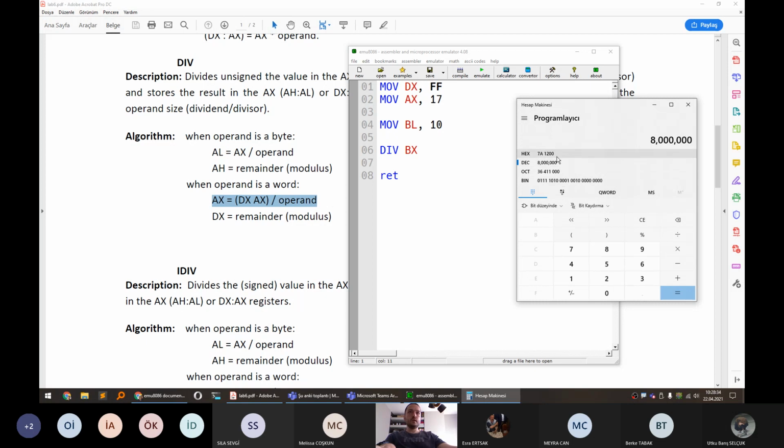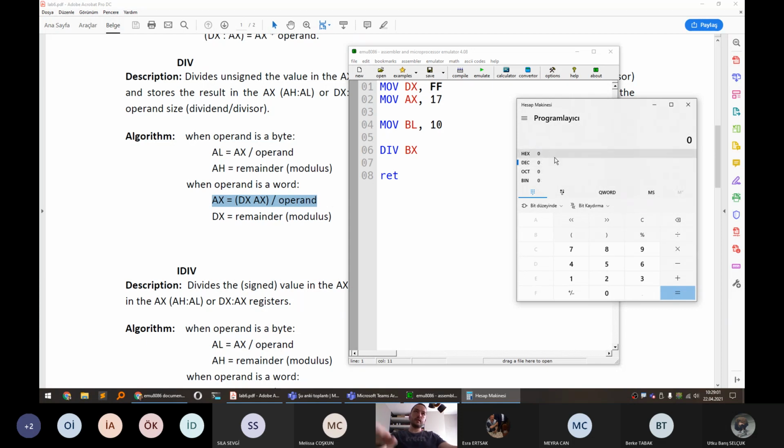Let's take 8 million. For example, I'm going to divide 8 million by 4. No, it didn't fit. 8 million divided by 4,000.